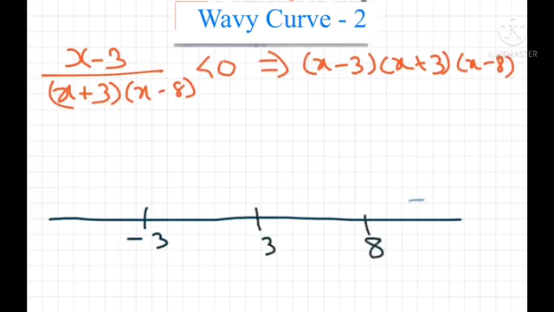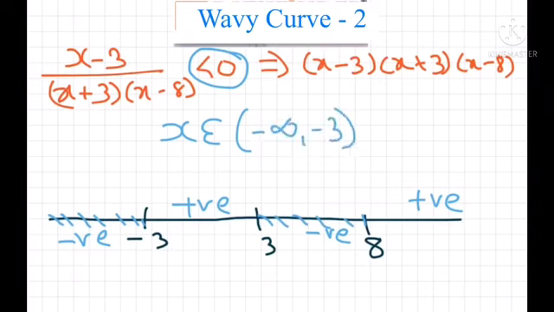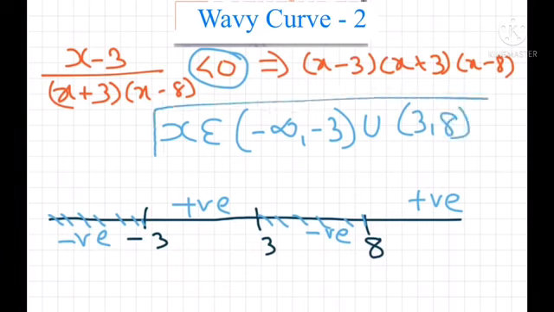Write the sign scheme: positive, negative, positive, negative. What you need is negative, less than 0. So the required answer is x lies in this range and x lies in this range. So you can write x belongs to minus infinity to minus 3 union 3 to 8. Let's see one more example.